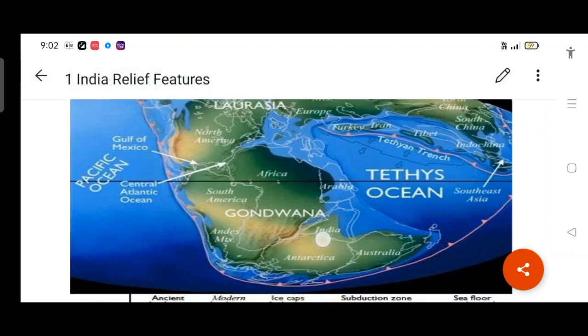When the Indian plate came very near to the Eurasian plate, a huge internal force originated. Due to this internal force, the sediment in the Tethys Sea came up and built a new form of layer.